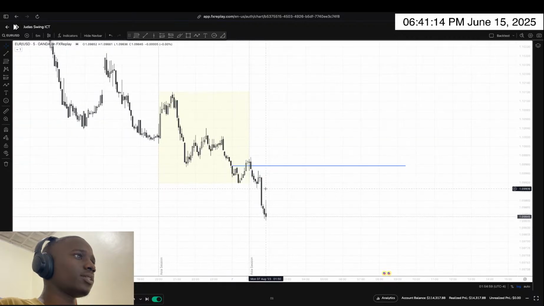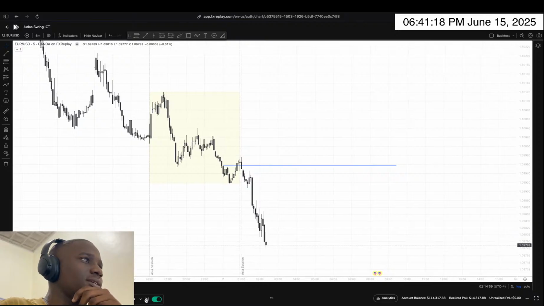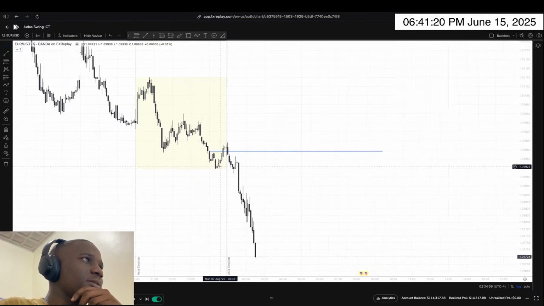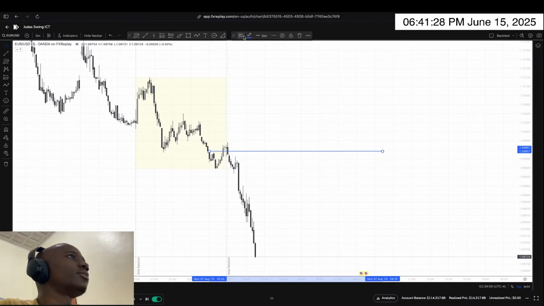Okay. London hasn't started yet, and Asia is already done. And as the day opens, you can see it pushed high a few bits, then started to drop gradually. This is the daily open. New York midnight open.